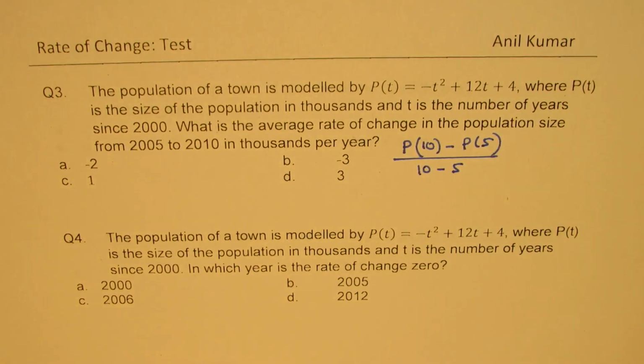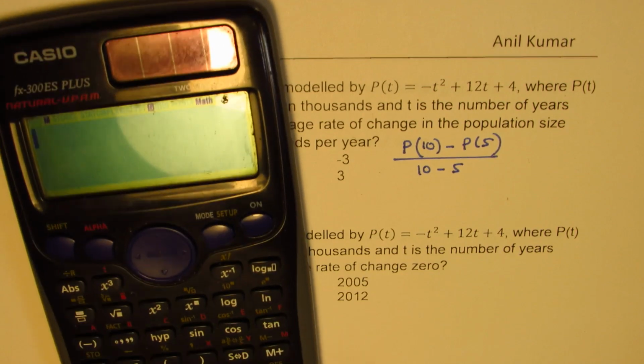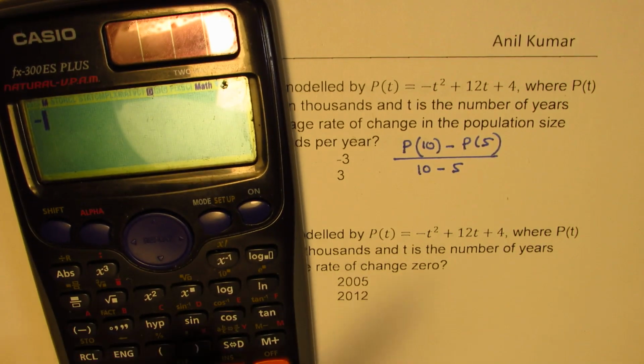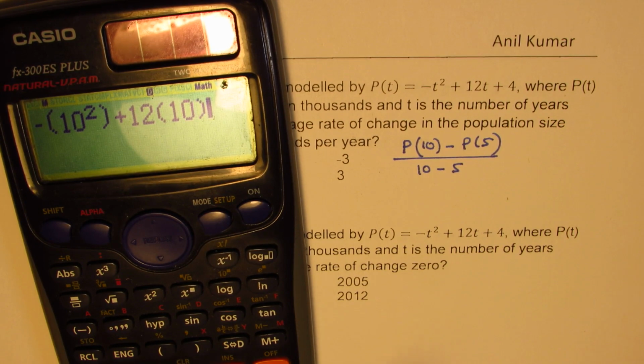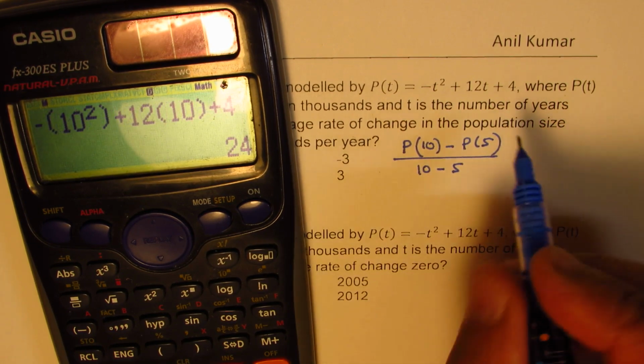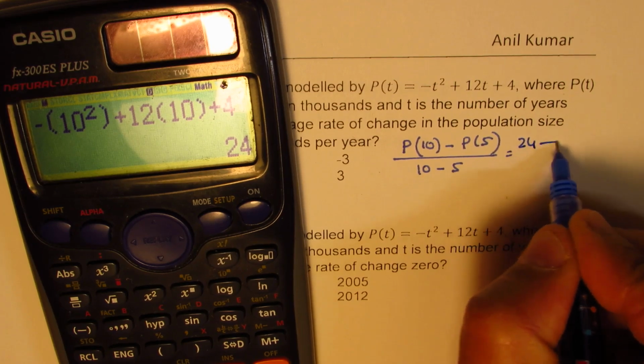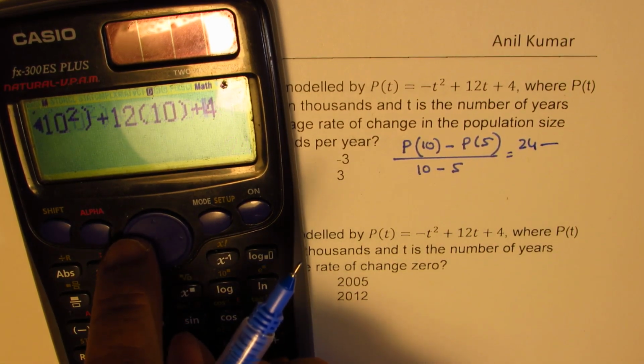So let's calculate and find the answer. P of 10 will be, within brackets, minus 10 squared plus 12 times 10 plus 4. So we get here 24 minus. Let's change this 10 to 5 now.